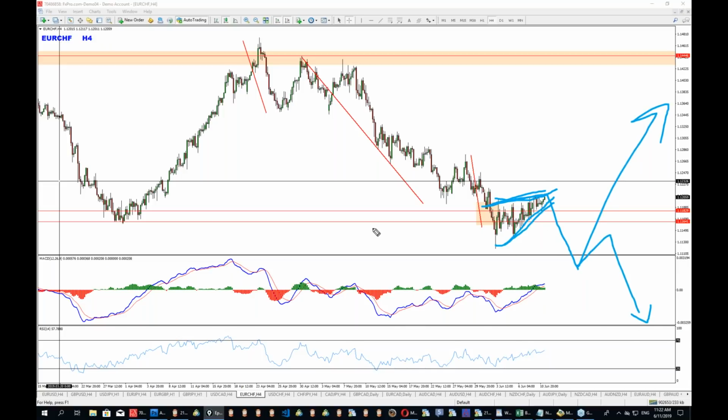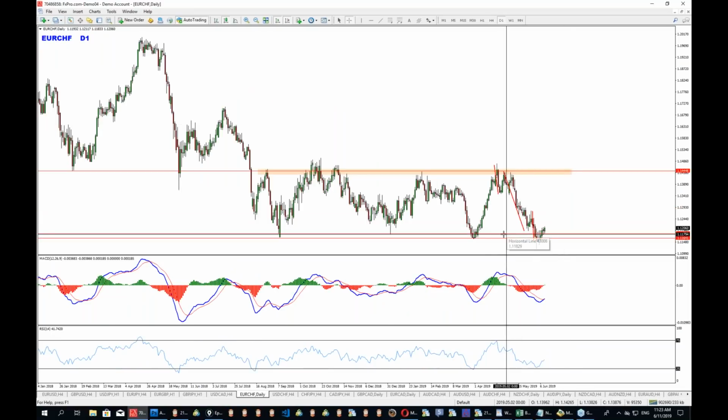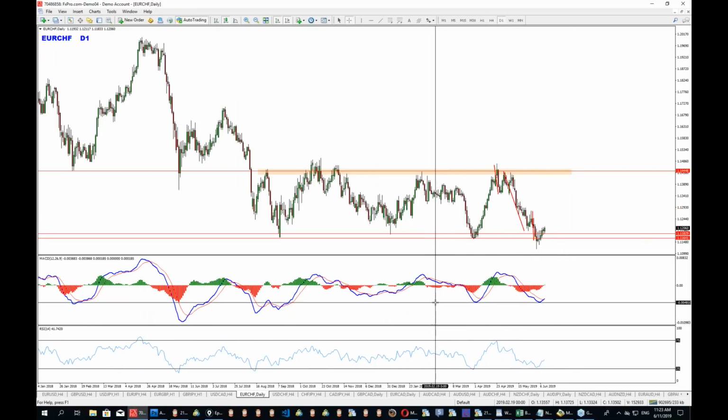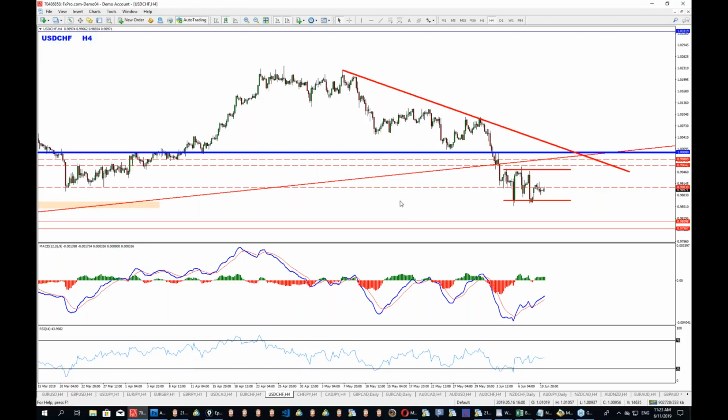But at the moment, definitely doesn't look like a bullish move. I don't know, not sure why, but purely price action. Daily chart, I know it's here, it's all good, the level is there, but no momentum. Okay, that's why skipping as for now. Dollar franc, as we said here.